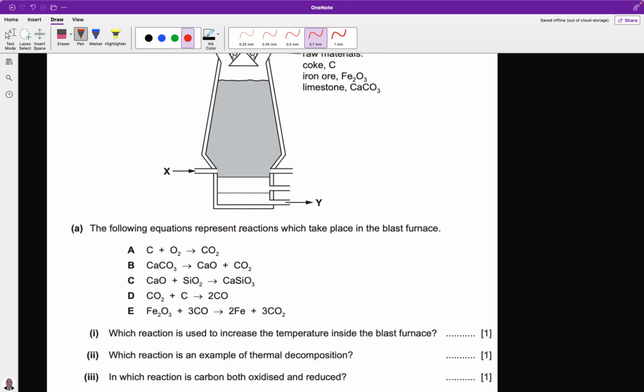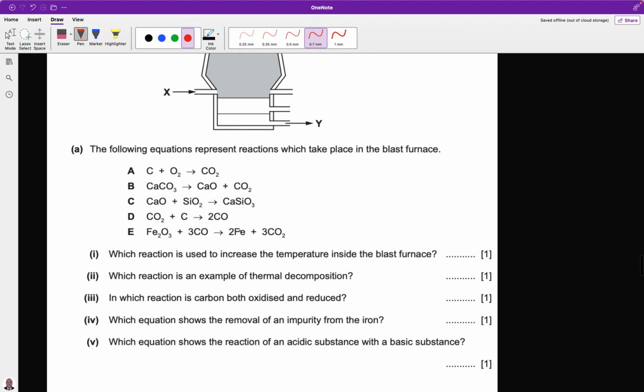C is calcium oxide plus silicon dioxide to form calcium silicate. D is carbon dioxide plus carbon to form carbon monoxide. E is iron trioxide plus carbon monoxide to give iron plus carbon dioxide.